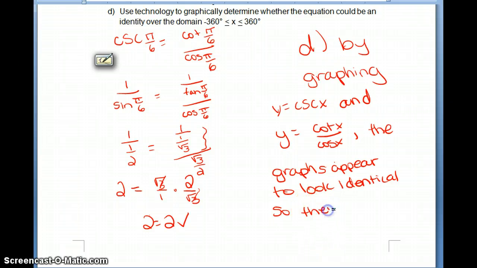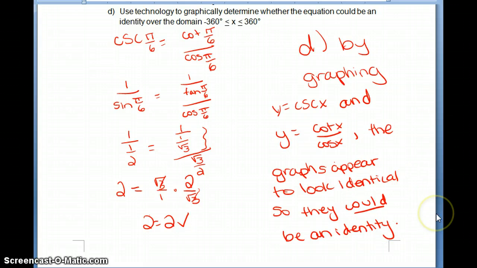So they could, that's the key word there, they could be an identity. Okay, so remember, this is not proving it, so we could say that this could be an identity.